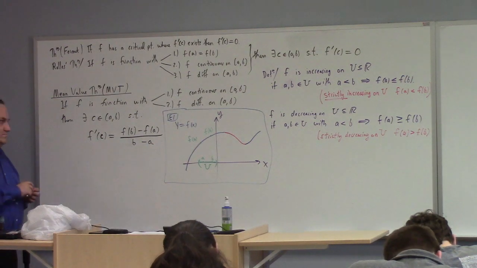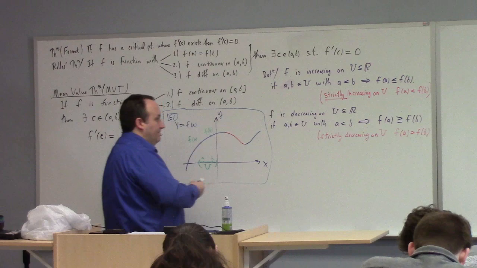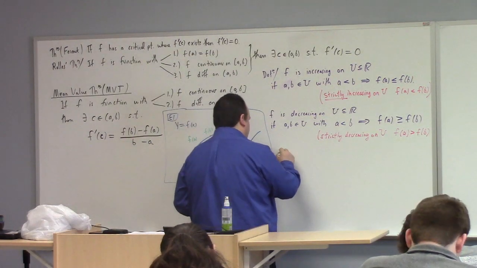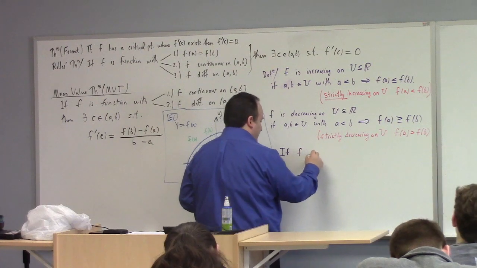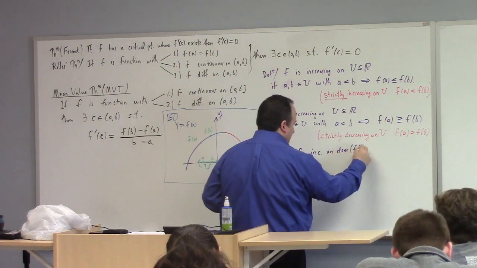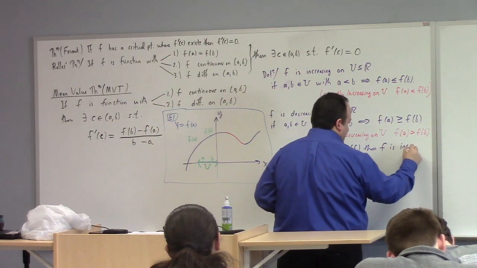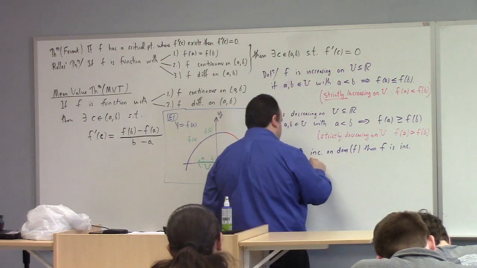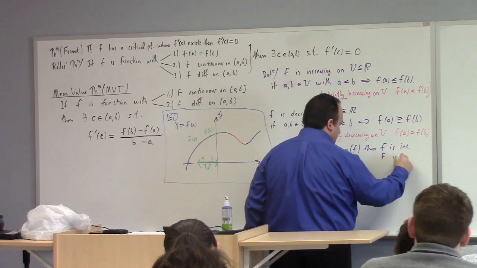So if we just say f is increasing, what does that mean? If f increases on the domain of f, then f is increasing everywhere. And if it decreases on the domain of f, then f is decreasing.